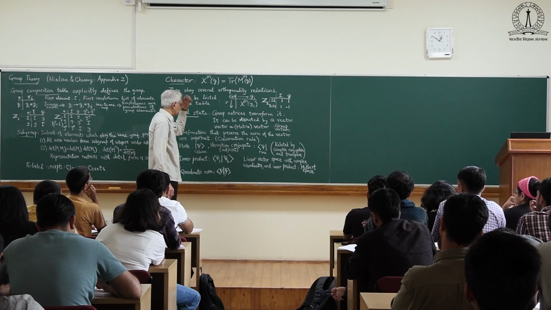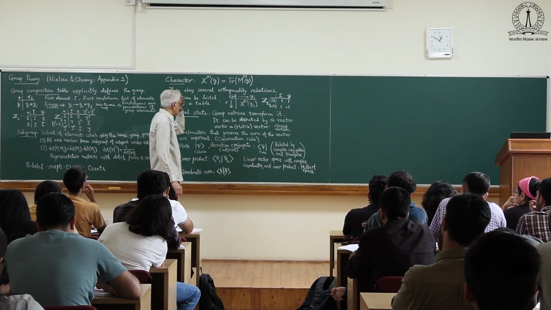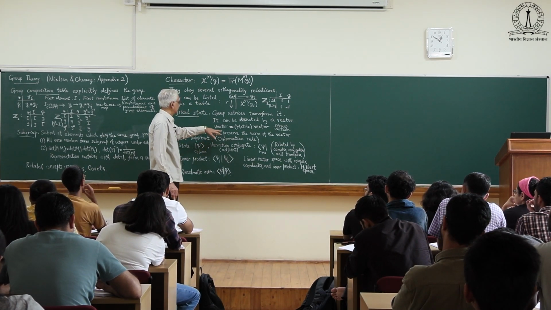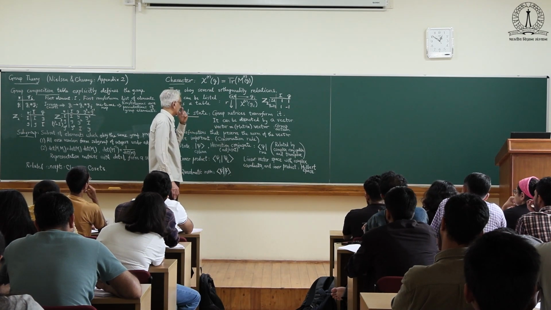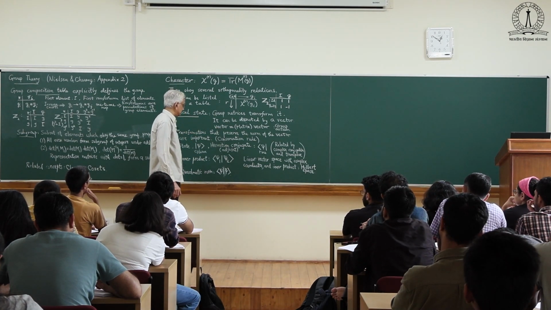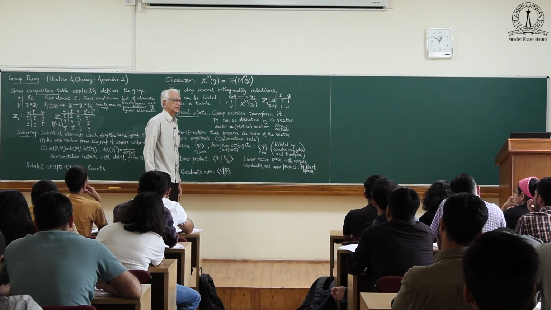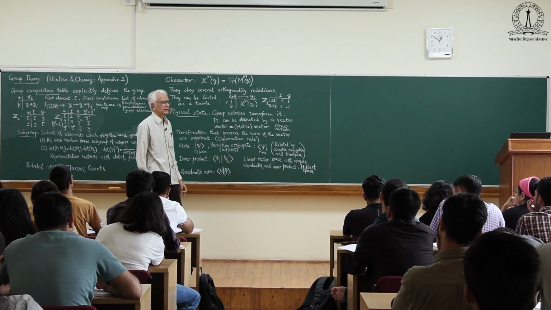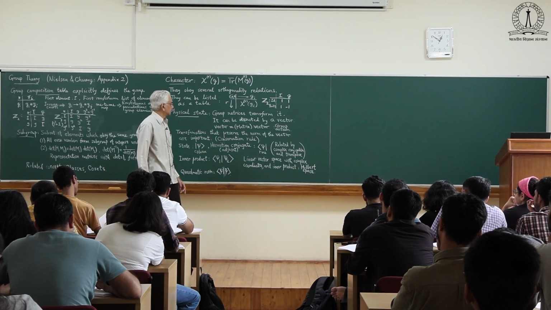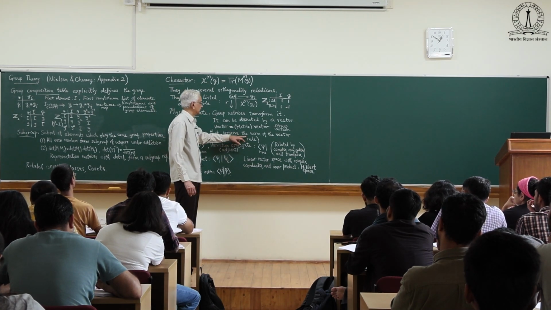But all this stuff gives me some extra leverage to restrict the type of matrices that I can deal with. So what are the matrices which preserve the norm?